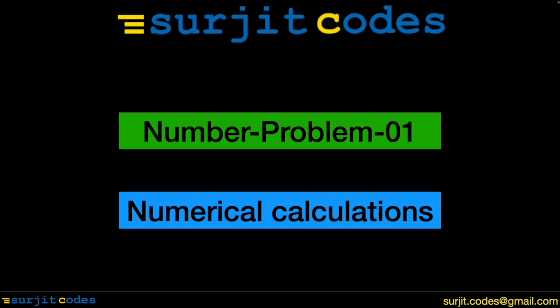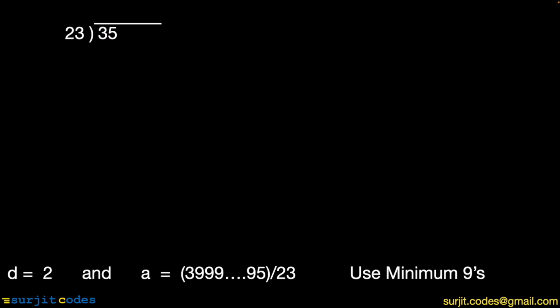After the derivation of the relations, we proceed with the numerical calculations. In order to find a, let us start dividing the numerator by 23. We start with the dividend without any 9 and try to divide 35 by 23. We notice that 35 is not divisible by 23 and the remainder there is 12. So we insert a 9 between 3 and 5 and the remainder changes to 16.